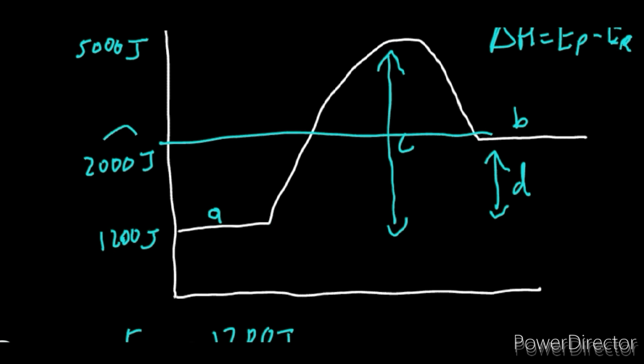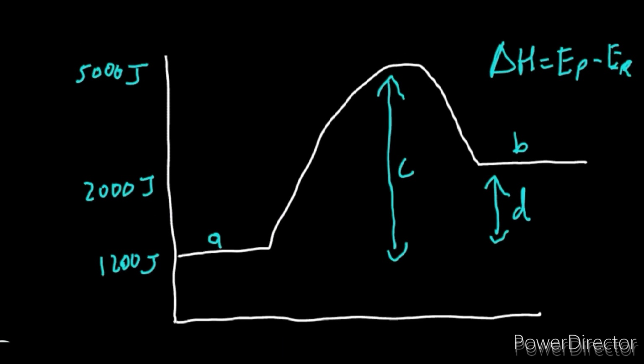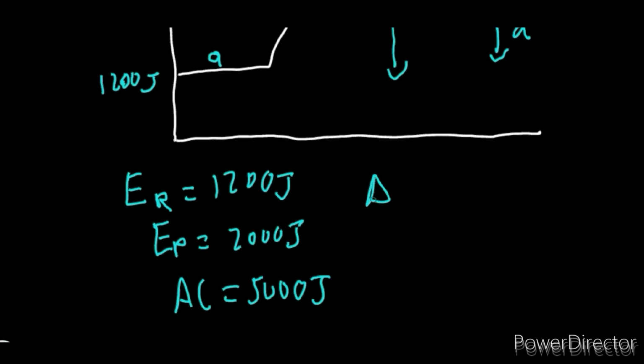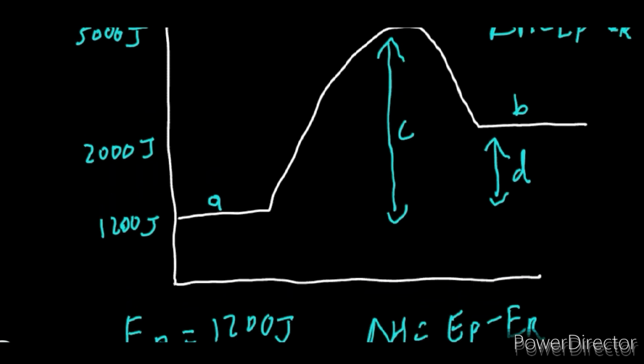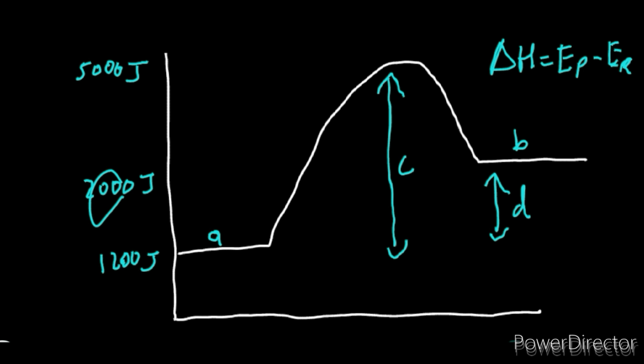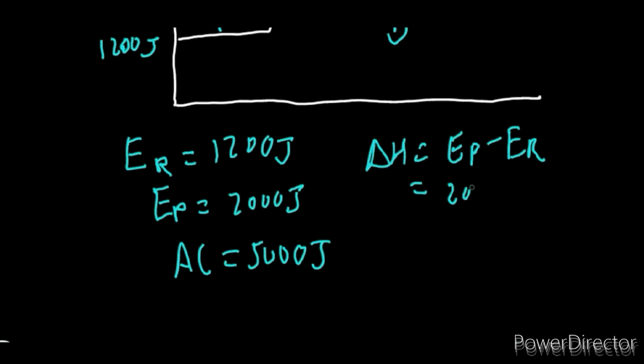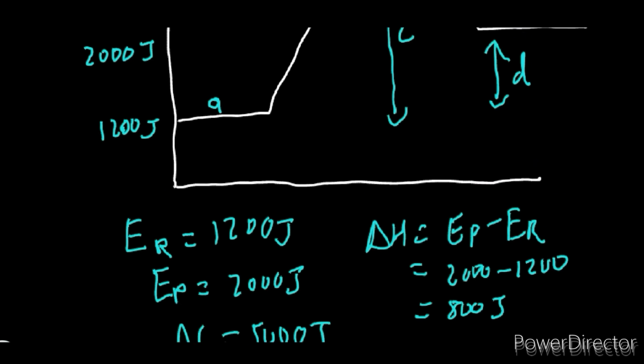So the enthalpy equals the energy of the products minus the energy of the reactants. We have 2000 minus 1200, which is 800. So 800 joules is the heat of the reaction.